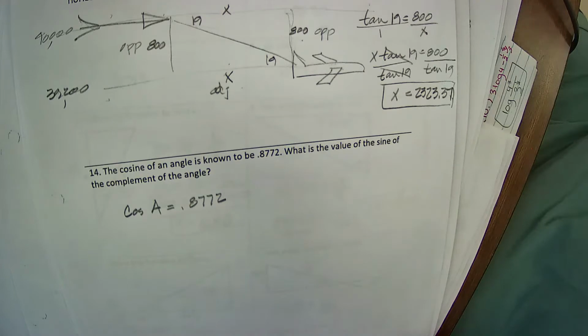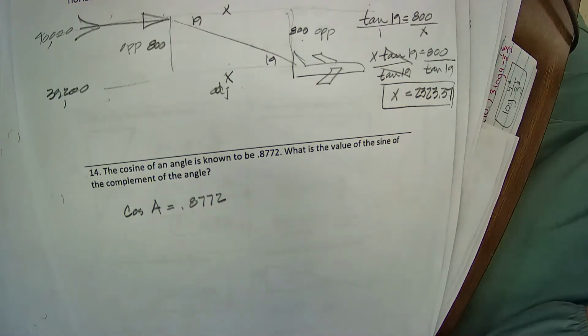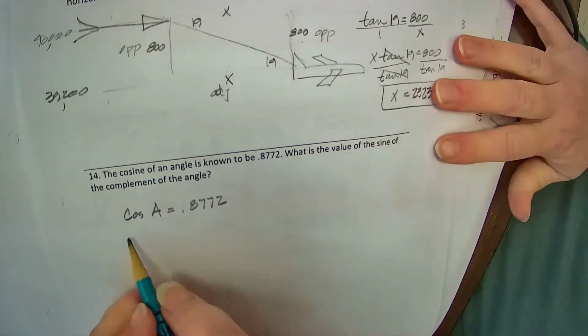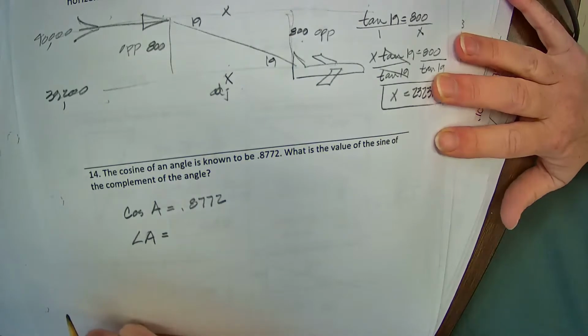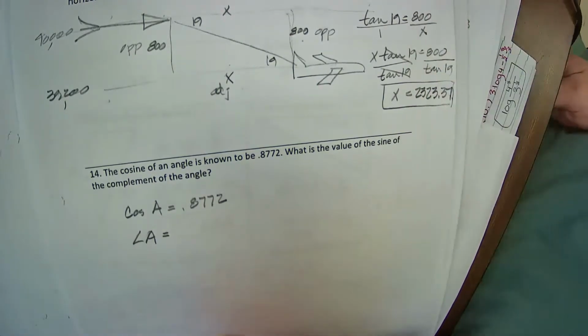How do we find the angle? We have to add one extra button, to get the inverse cosine or the arc cosine.